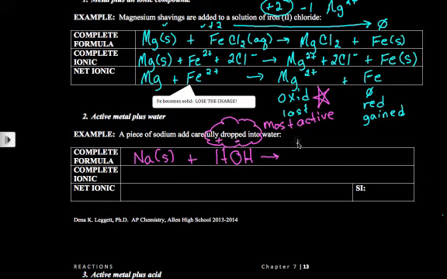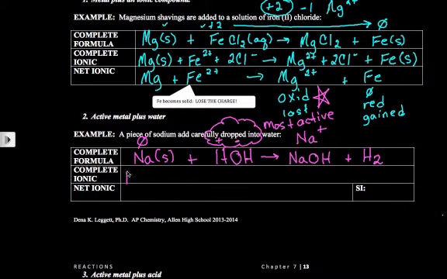So sodium, right now it's 0. When it goes into a compound, group 1 wants to be plus 1. So the sodium, positive cation, cations dance with anions. Now, remember, single replacement, one substance is going to be left all by itself. But hydrogen is diatomic, so don't forget that.